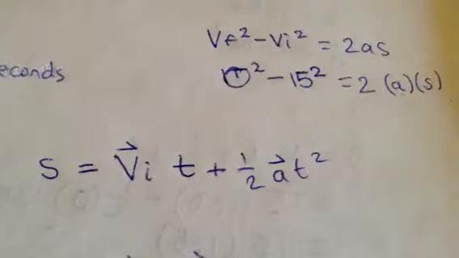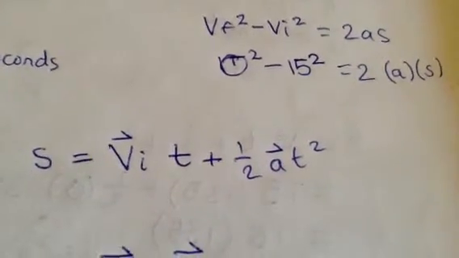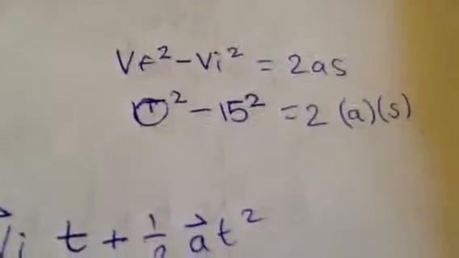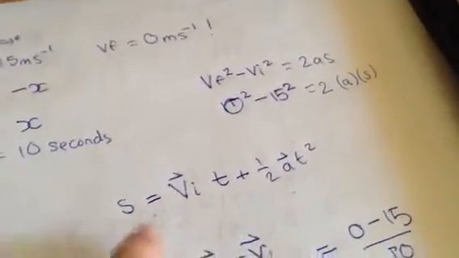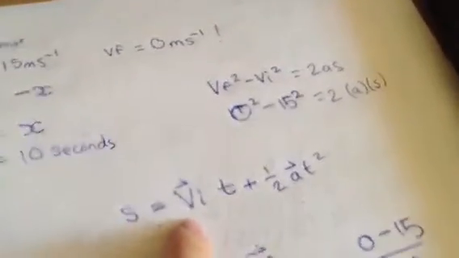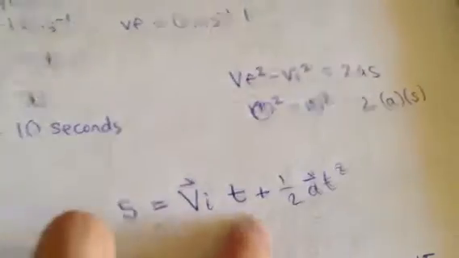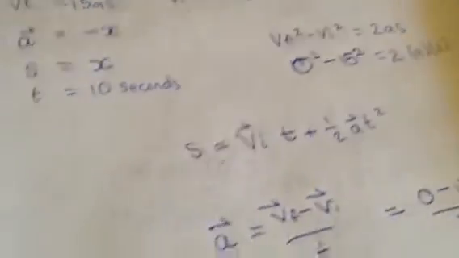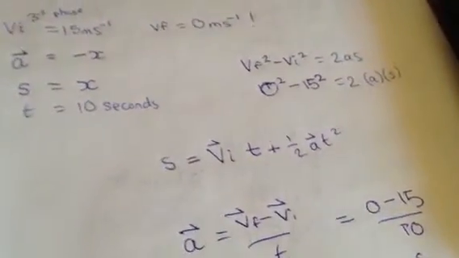Now we can use either one of these formulae to plug in the answer. I reckon I will probably use velocity final squared, take velocity initial squared, just because that has fewer variables. But if you don't want to get confused with all the square rooting and mathematical operations, this is probably quite easy to do to get the distance.